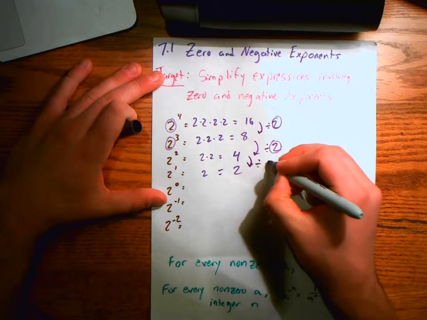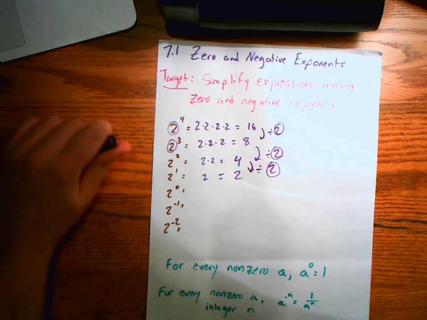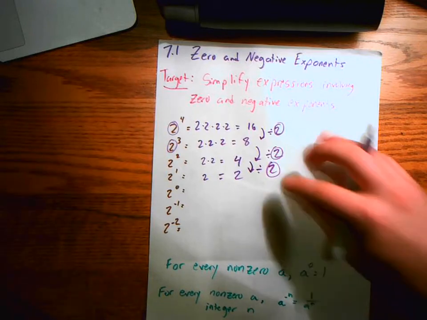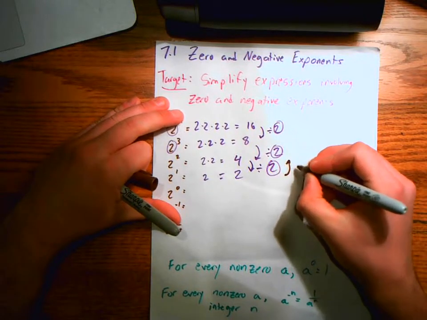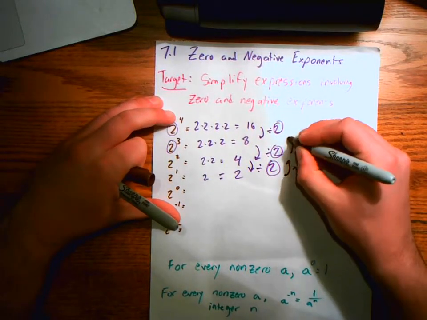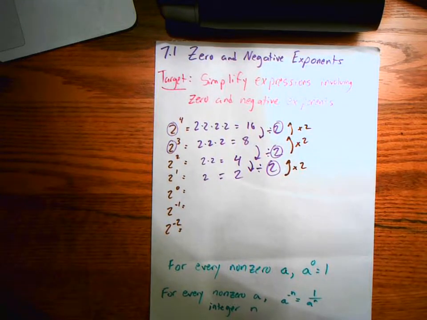Then dividing by 2 again. So that's how you are decreasing in number as your exponents decrease. Now, of course, if you were going backwards and increasing up, to go from 2 to 4 is times 2, to go from 4 to 8 is times 2, and 8 to 16 is times 2.